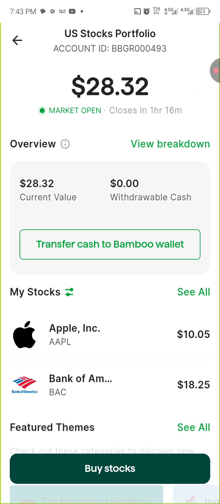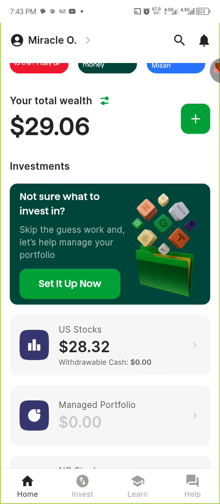And remember, Bamboo opens by 2:30 p.m. and closes by 9 o'clock p.m. So US stocks actually start trading when Nigerian stocks stop. Remember, Nigerian stocks start by 10 a.m. and close by 2:30. So at 2:30, that is when US stocks actually open.